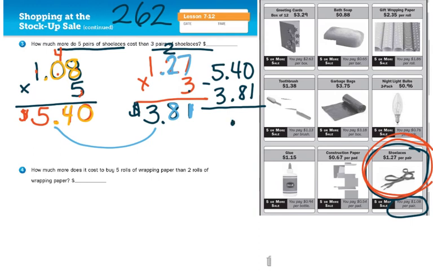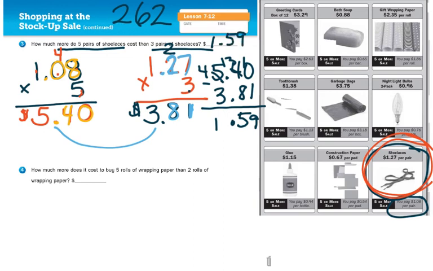Remember to bring your decimal point straight down. Go ahead and solve. Did you get $1.59?